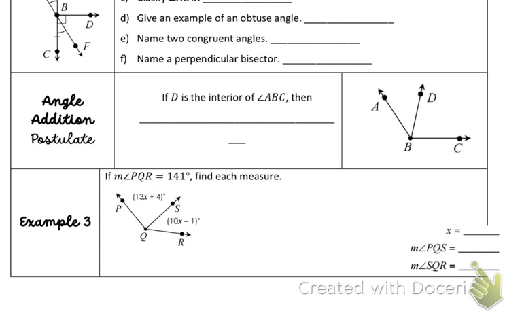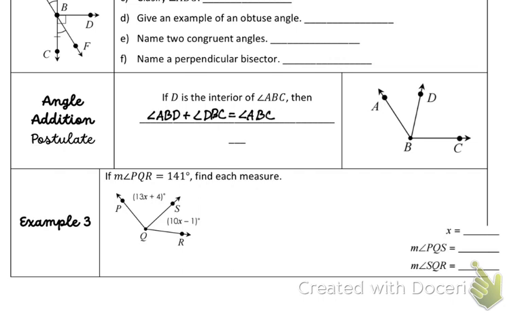It says if D is in the interior of ABC. So if I have a big angle and I put a ray between it, basically, I created two angles that we could paste together. So we could then say something like angle ABD, one angle, plus the other angle, angle DBC, is going to equal the big angle ABC.